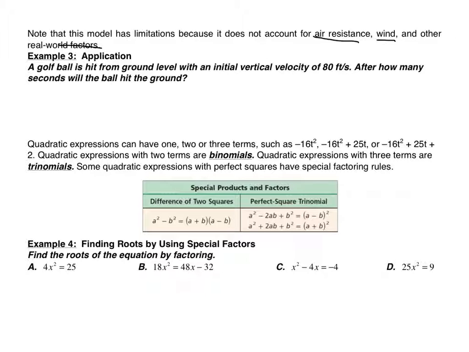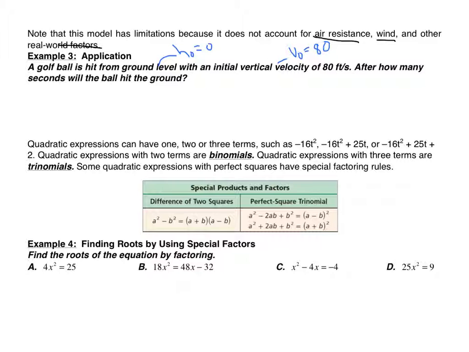So if we have a golf ball hit from ground level, so that is our initial height of 0, so it starts off at the ground, and an initial velocity, which we know is v naught, and it is 80. After how many seconds will the ball hit the ground?